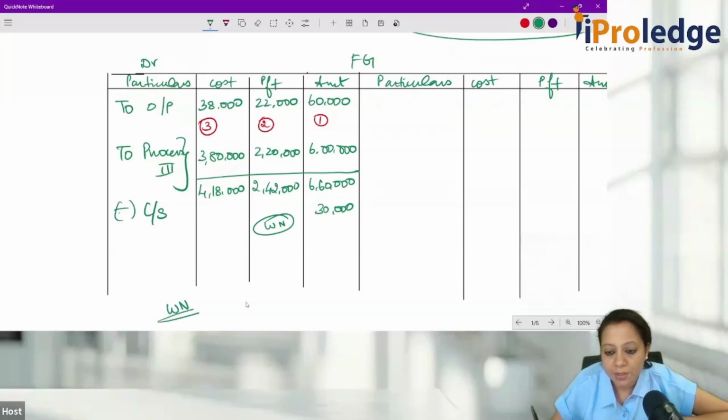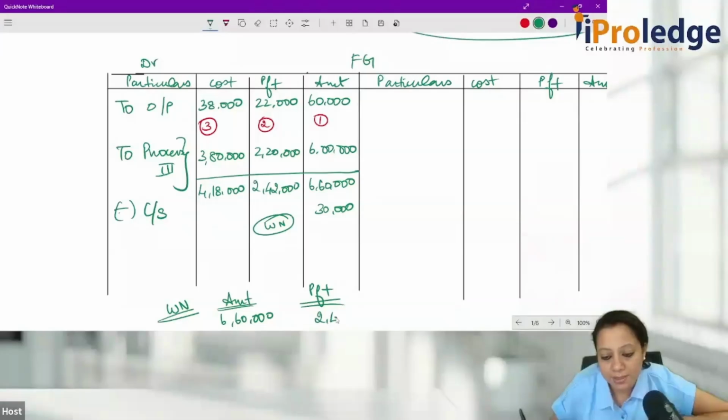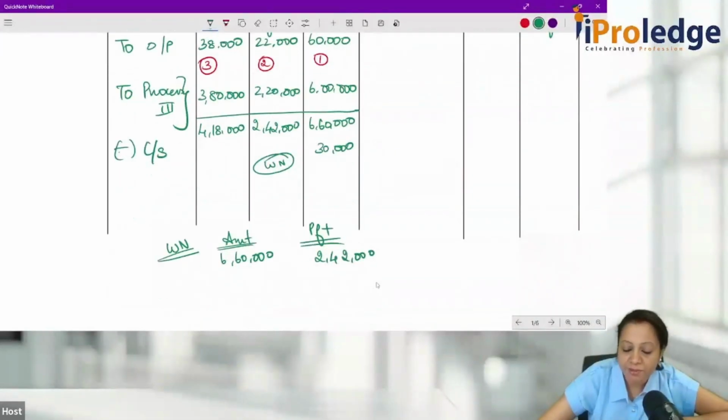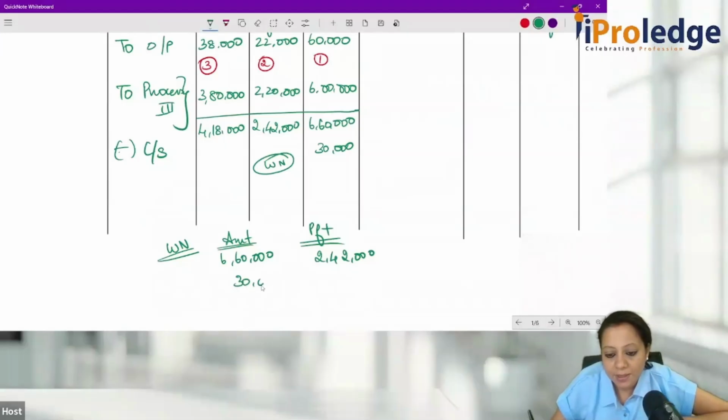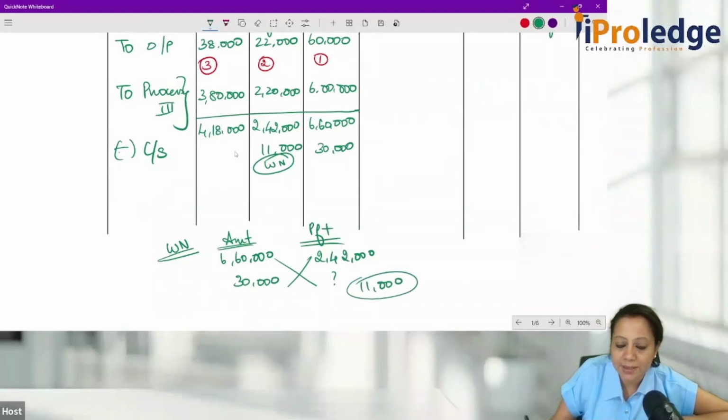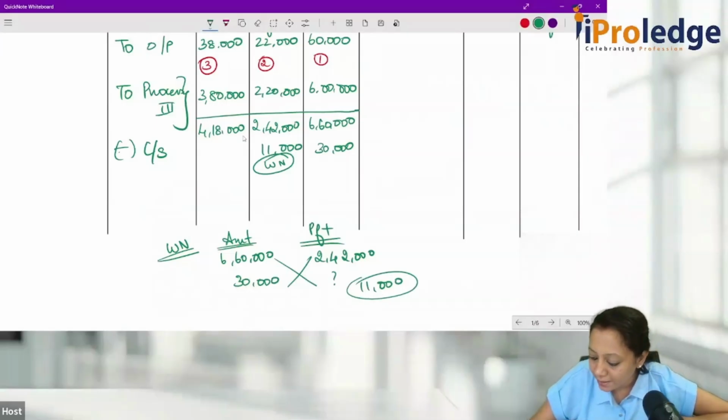So the amount of 6,60,000, the profit was how much? 2,42,000. That means for 30,000, how much is it going to be? 11, is it? Thank you, dear. 11,000. So we will write 11,000 here. So 30 minus 11. So that is 19,000.